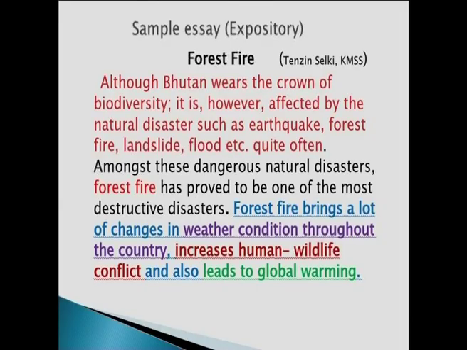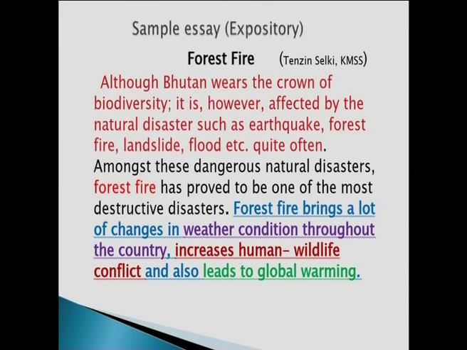Let's look at the second sentence. Amongst these dangerous natural disasters, forest fire has proved to be one of the most destructive disasters. So what is this second sentence doing? The second sentence has already narrowed down the general idea. And where is the general idea? The general idea is right there in sentence number 1.